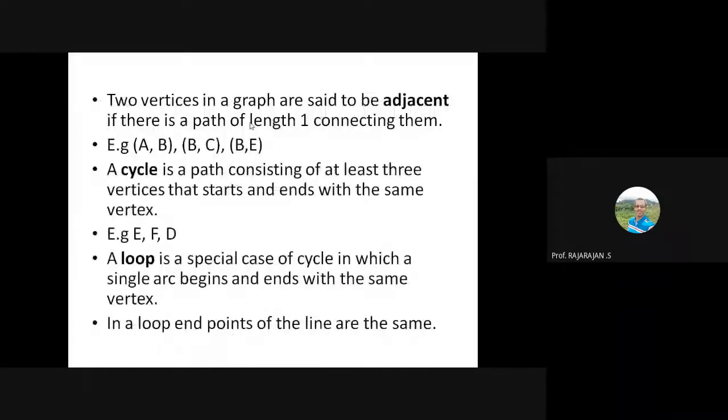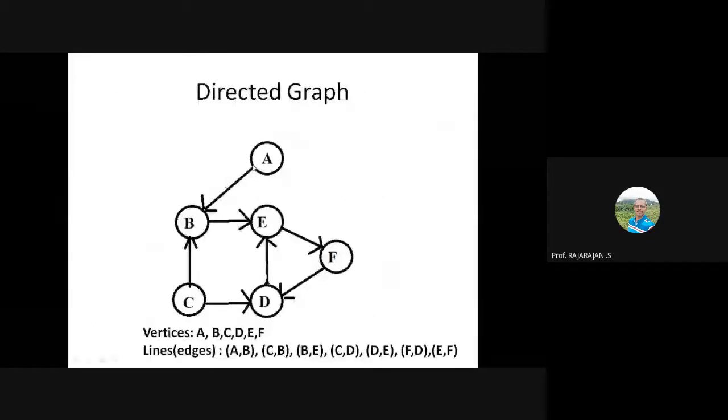Next, another terminology, adjacent. So we can say that two vertices are adjacent if there is an edge connecting them. For example, here A and B are adjacent, B and C are adjacent, B and E are adjacent. But A and E are not adjacent, though there is a path from A to E, because there is no direct edge between them.